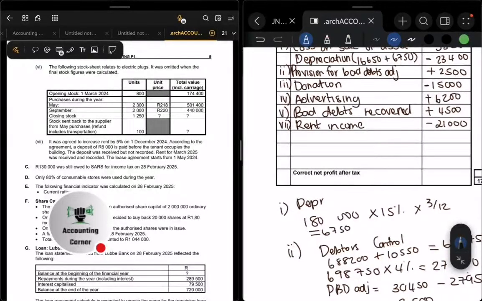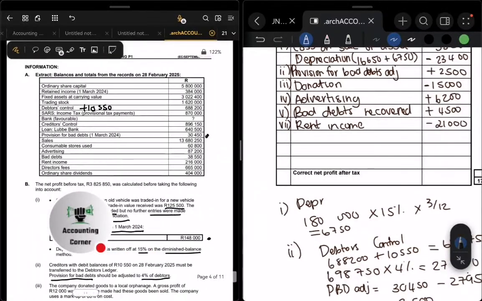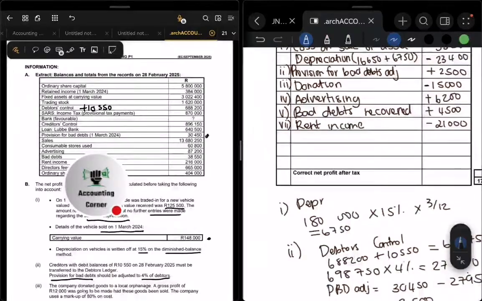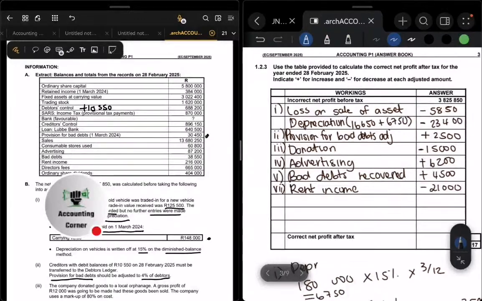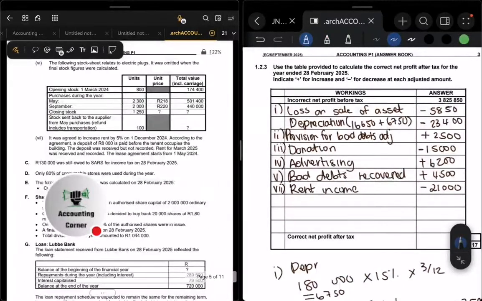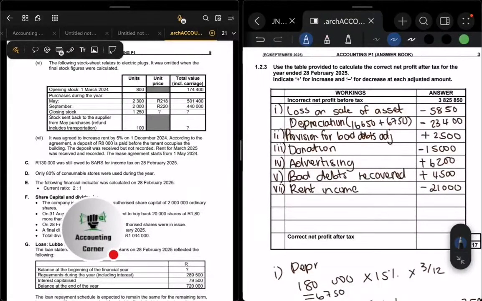Then we were told that 130,000 was still owed to SARS for income tax on the 28th of February 2025. So we need to calculate what the income tax was, because it wanted us to calculate net profit after tax. We're told that we're still owing that amount, and if we look at the trial balance of the totals, we've already paid a provisional tax payment of 870,000.